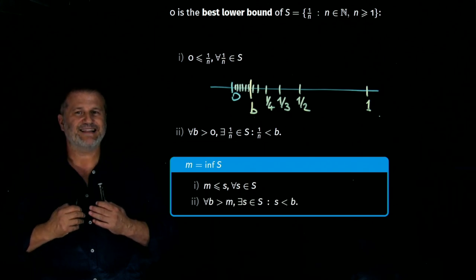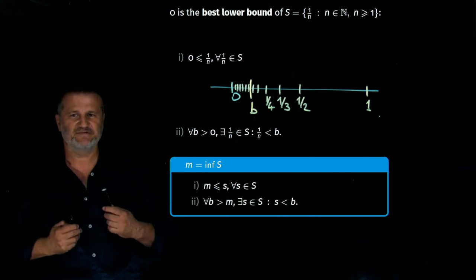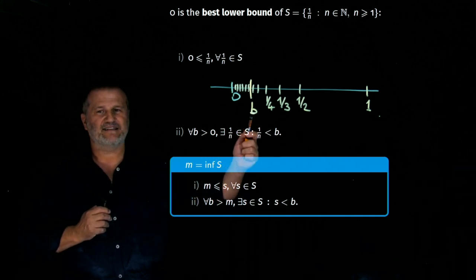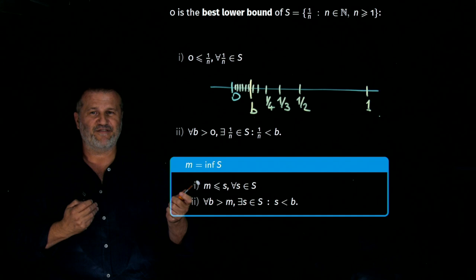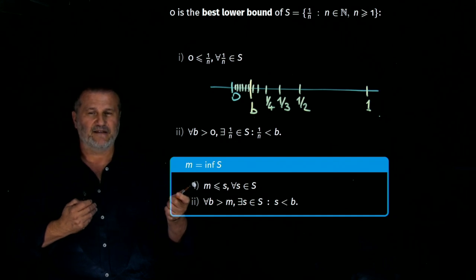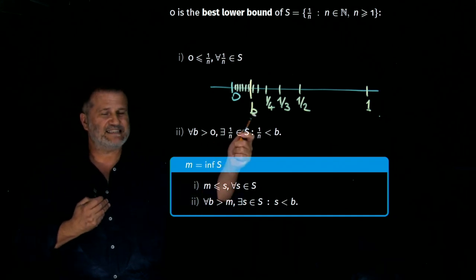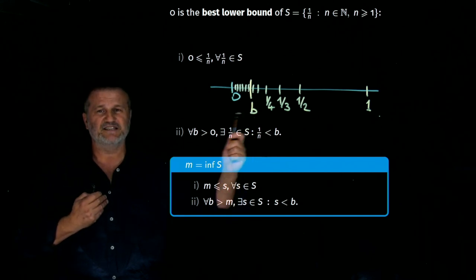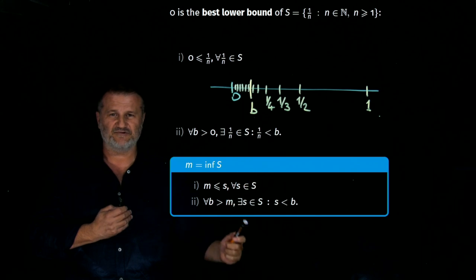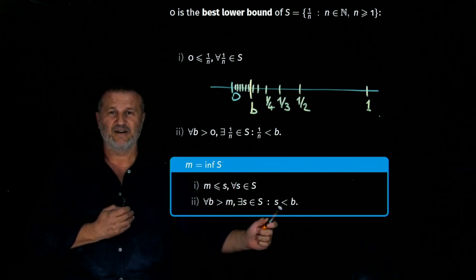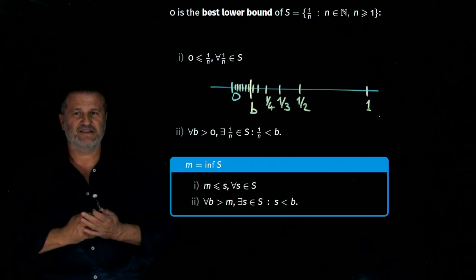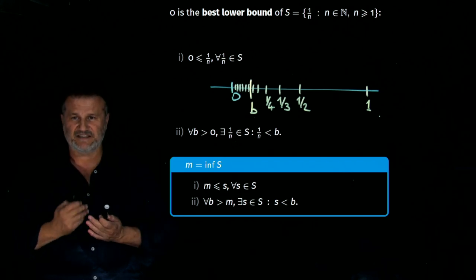We do not require that m belongs to S, otherwise we would have the definition of minimum, but rather we require that m is the best to verify the first condition. The best means that if I take a number b which is greater than m, then this b is no more at the left of the set. So there is some element of the set which is at left of b. And this is what is the infimum of the set S.